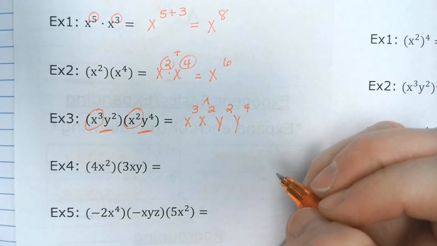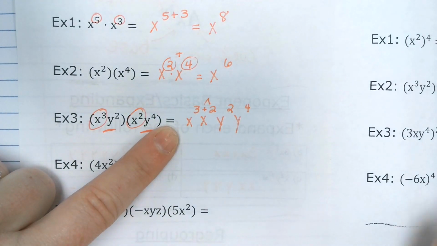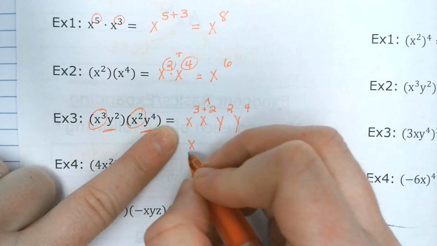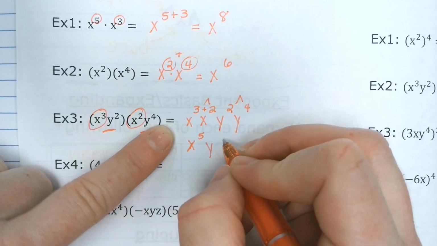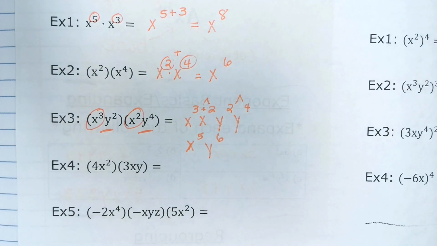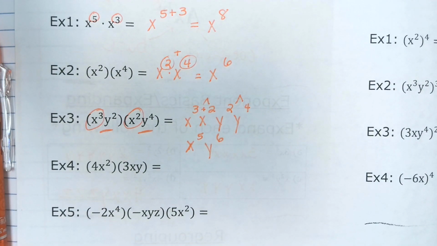So then these we add, remember? So this would be x to the 5th power, yep, and then y to the 6th power. Okay, so we're going to pause right there. I'm going to give you the worksheet, and we're going to work through a few of those.